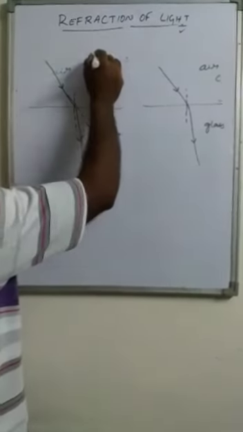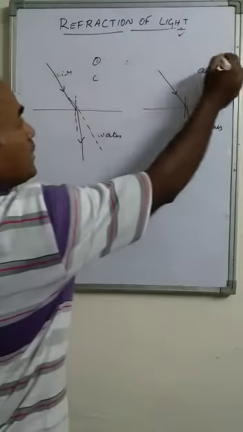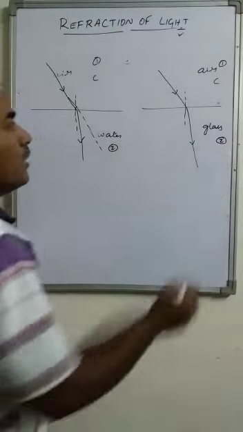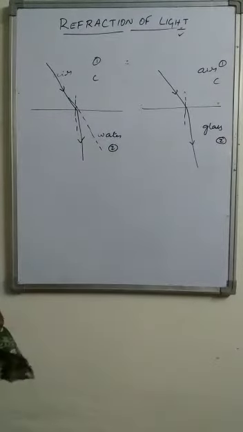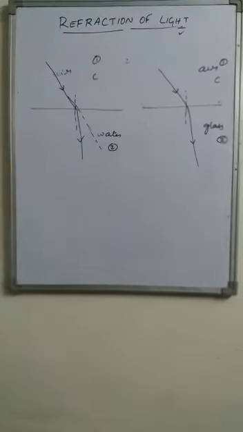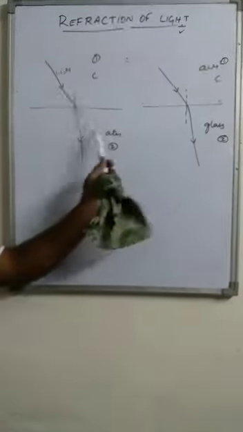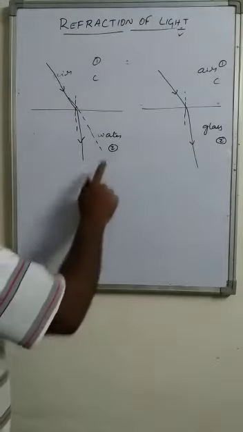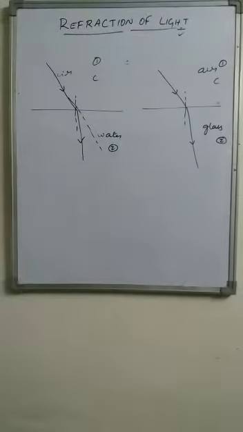Here we take it is first medium, second medium. Now you see, the first medium in both are same, but the second medium is not same. Here it is water, it is glass.